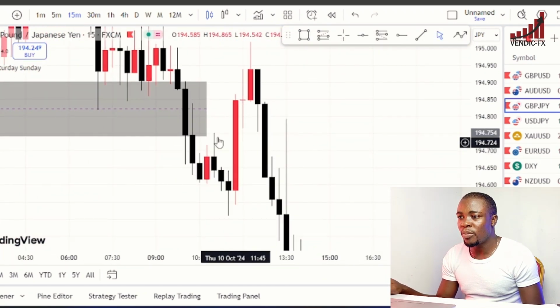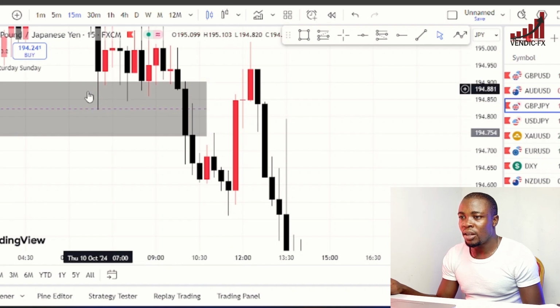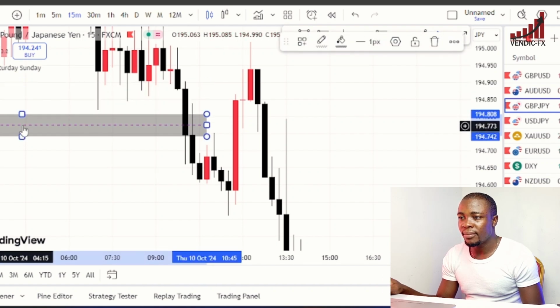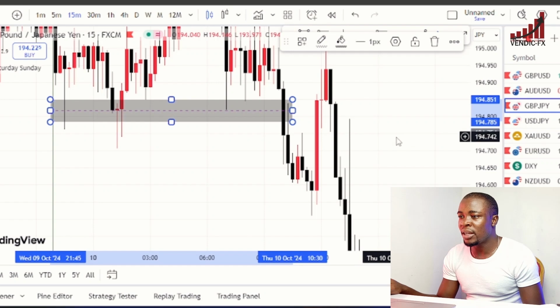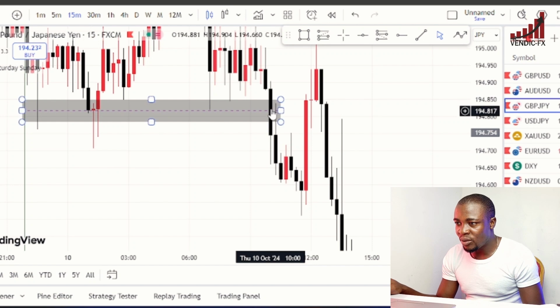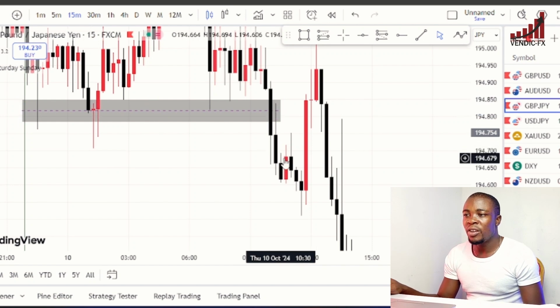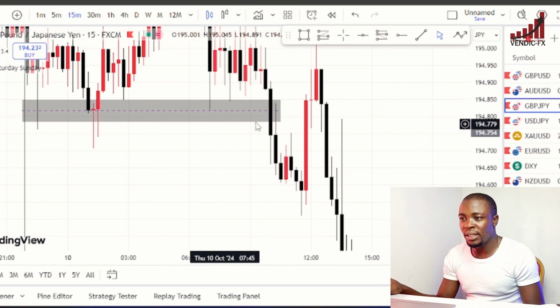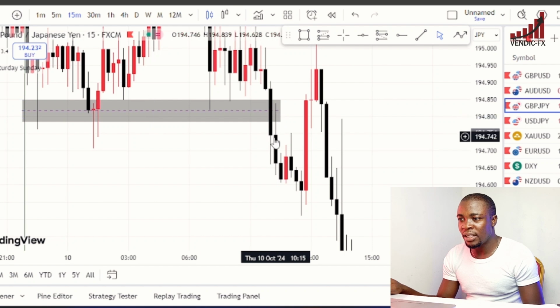Let me explain this, because I don't do things based on imagination. If this was the trade you want to enter, immediately this particular black candle closes and you have a break below this structure, that means the next candle is supposed to be your entry.